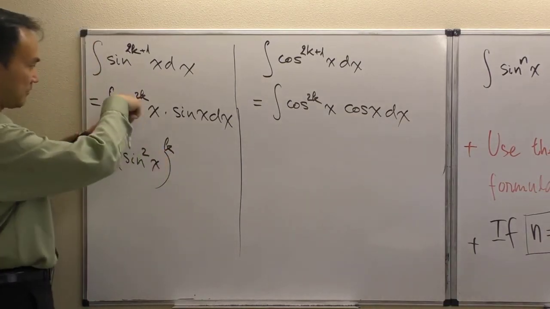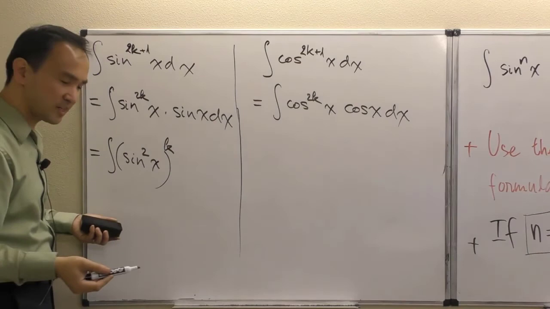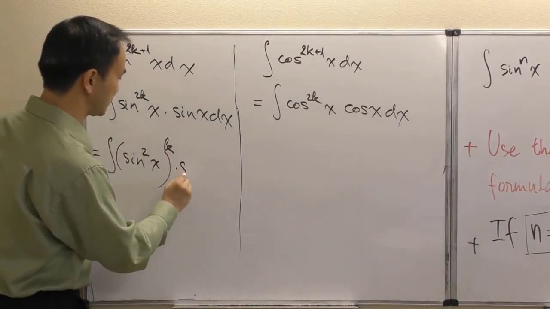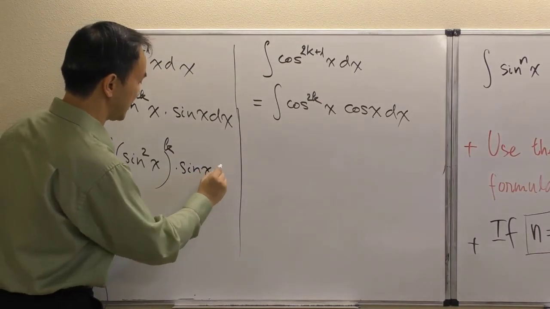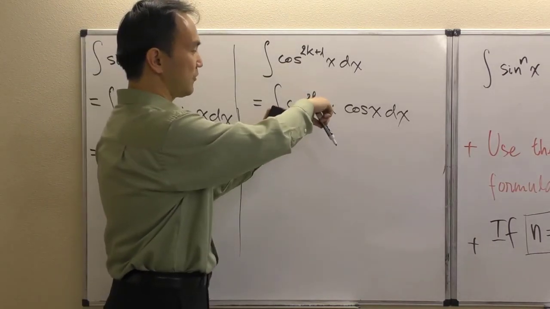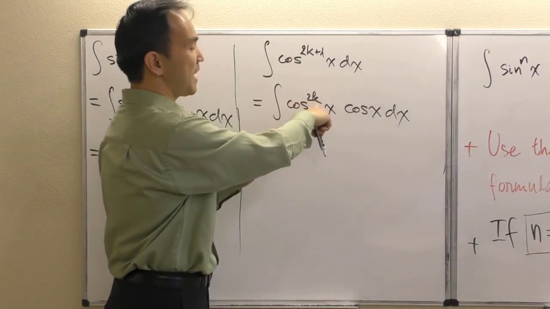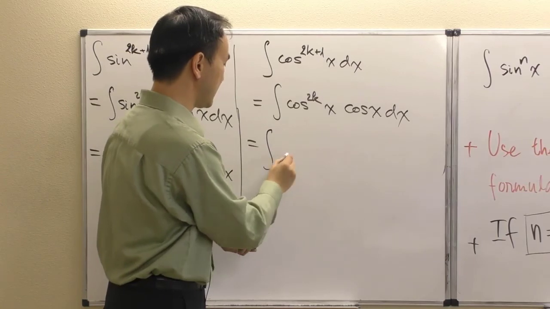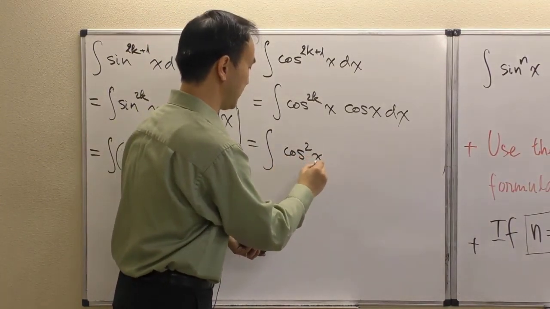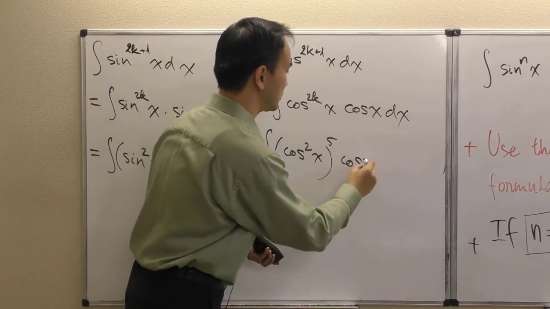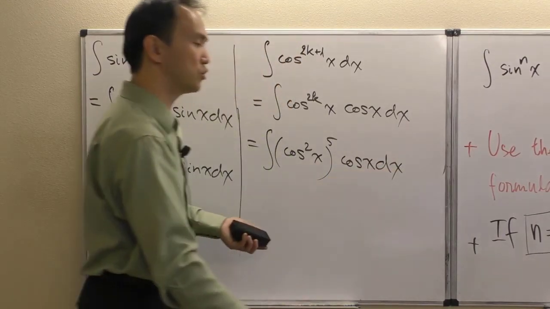So if 2k is a 6, we write it as sine square to the 3rd power, times the remaining sine of x dx. And here, if it's a cosine to a 10th power, for example, so if 2k is 10, then we write that as cosine square of x raised to the 5th power, and we still multiply that with that lone factor cosine of x.